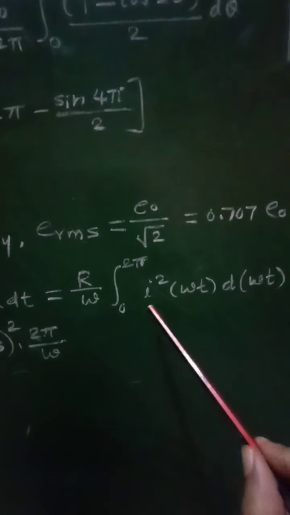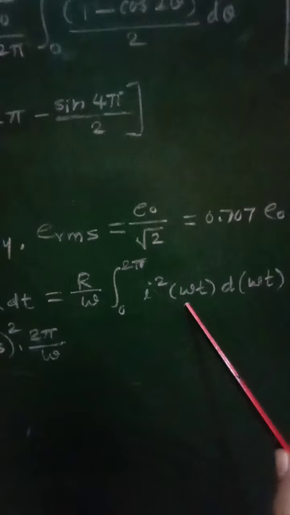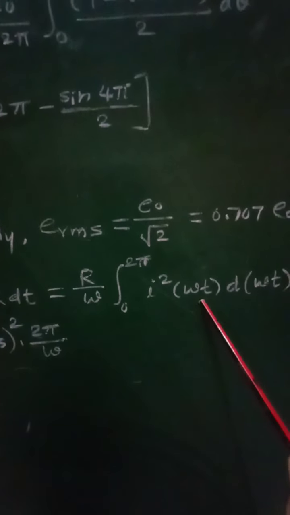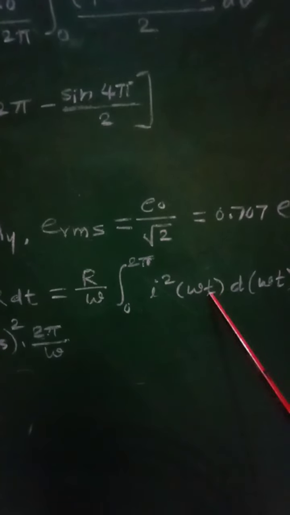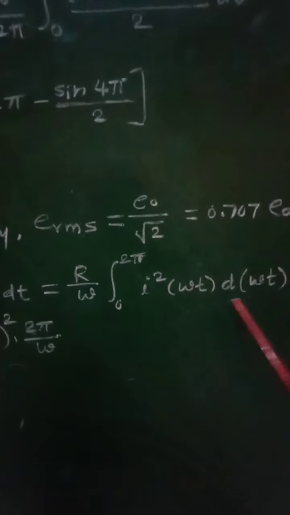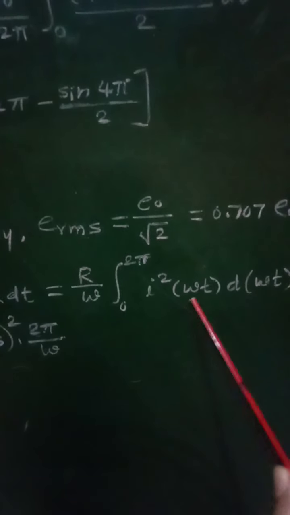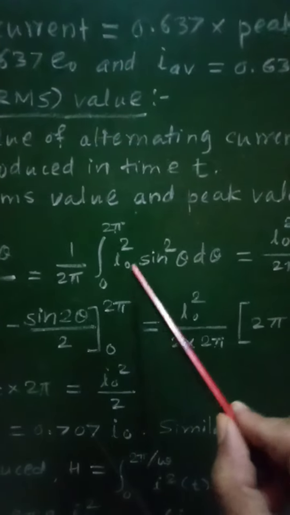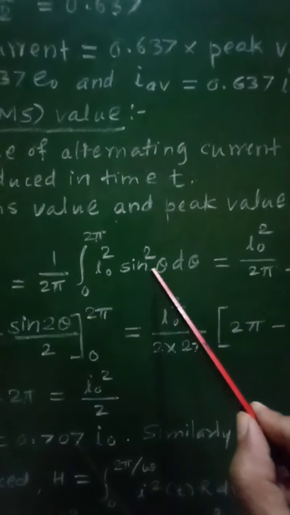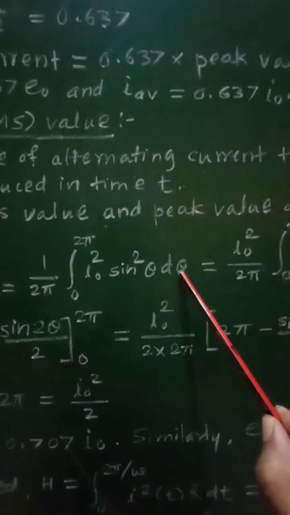Now this equation will be similar to the above equation, that is I square d theta, because theta is equal to omega t. If we put the value of I as I0 sin omega t, then this becomes I0 square sin square omega t d omega t, which will be similar to the earlier equation I0 square sin square theta d theta, only in place of theta there will be omega t.